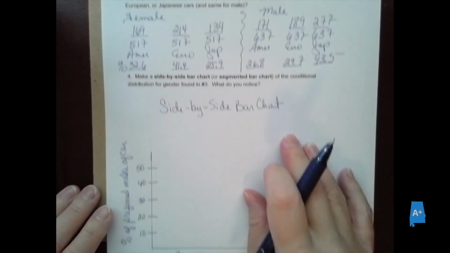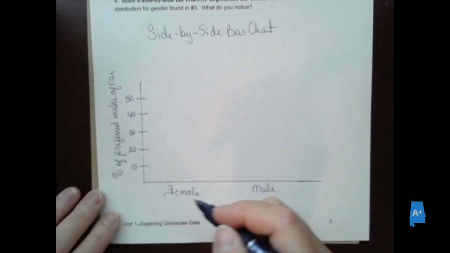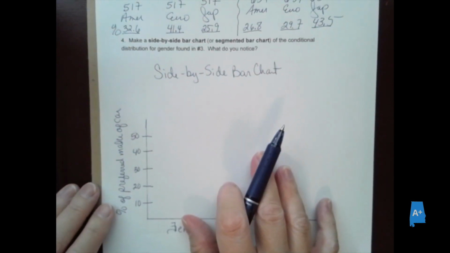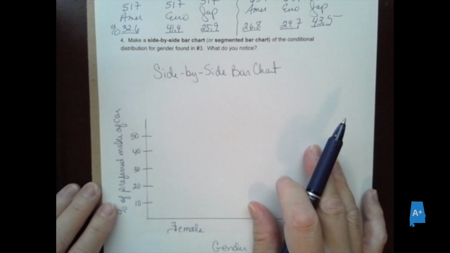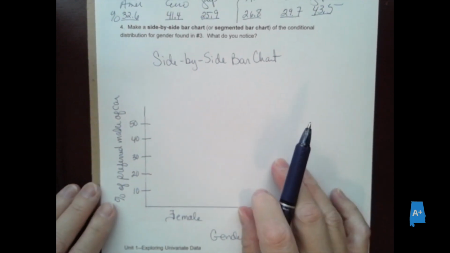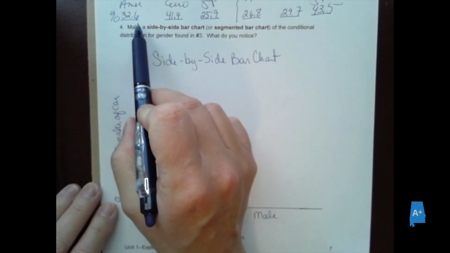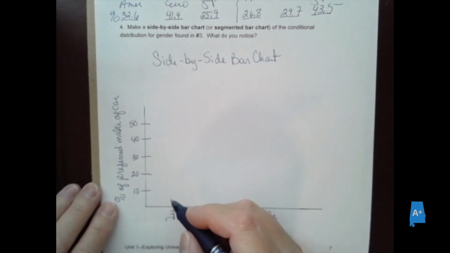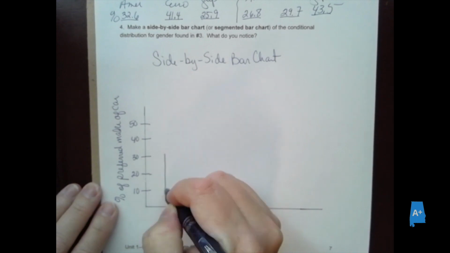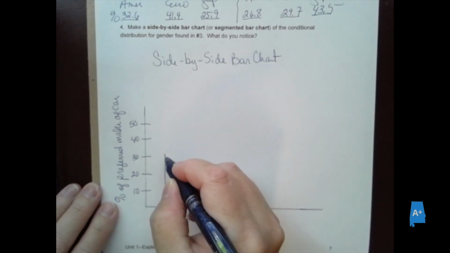So I'm going to have three different percentages for the female. So the first percentage is 32.6. So I'm going to put 32.6 in a bar, like a bar that's 32% high, about.